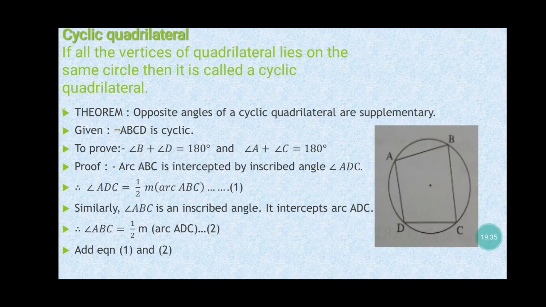So the measure of angle ABC plus the measure of angle ADC is equal to 180 degrees. Right. Similarly, I can prove that angle BAC plus angle DCB is equal to 180 degrees. Hence, we have proved that opposite angles of a cyclic quadrilateral are supplementary.